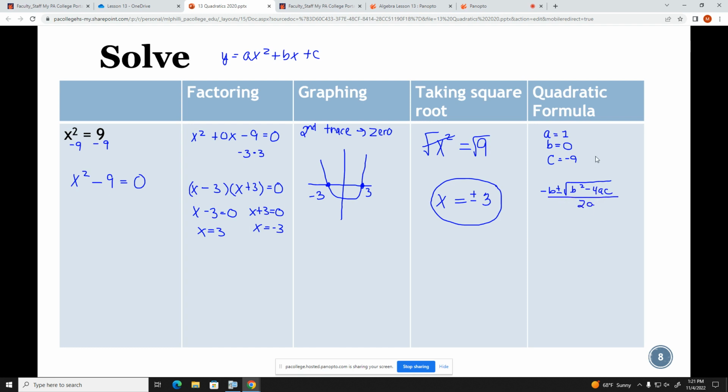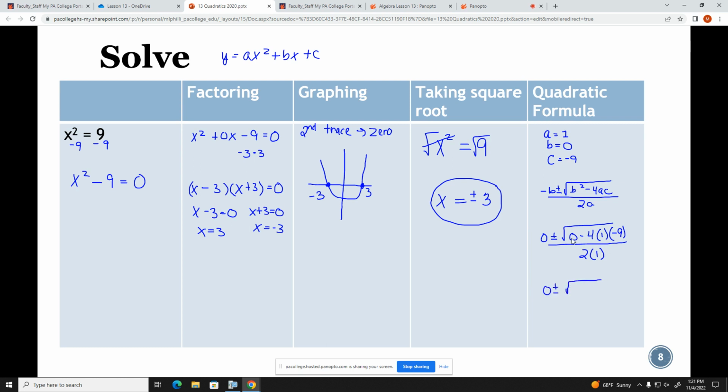I move through the formula filling in the numbers. So I have the opposite of 0, which is 0, plus or minus square root of b squared, so 0 squared is still 0, minus 4 times a times c all over 2 times a. Simplifying, the 0 in the front is just 0 plus or minus.